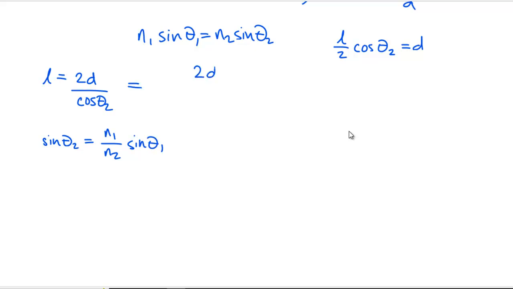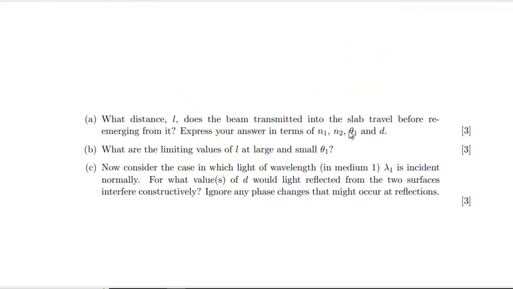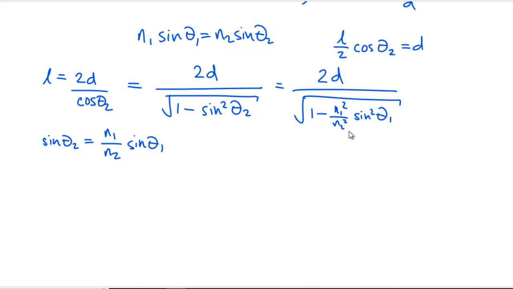So that is going to be 2d over the square root of 1 minus sine squared theta 2, just using our trig identity. So we just need to put it all in now. We've got 2d over the square root of 1 minus n1 squared over n2 squared sine squared theta 1. Which is L. They were allowing us d, theta 1, n1, n2, so no problems there.